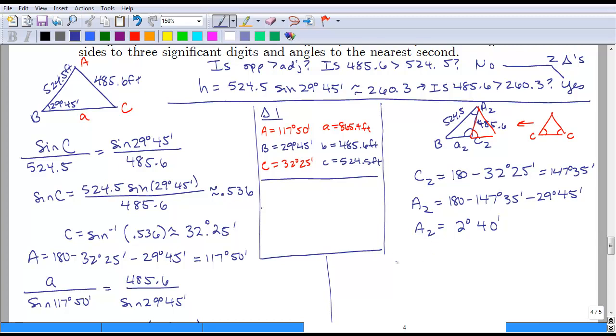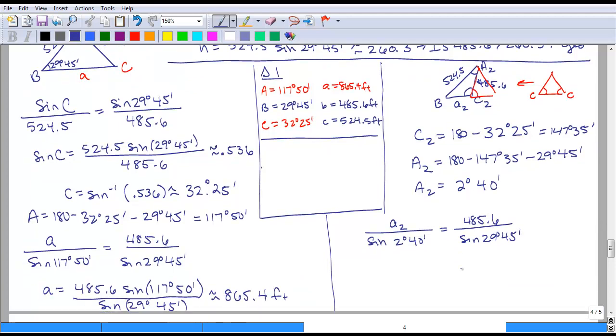And so the last step we need to do is use the law of sines to find side A2. We would have A2 over the sine of the angle we just found, 2 degrees 40 minutes. And again, we go back to the original information. We're comparing this to B. So B was 485.6, and we're dividing by the sine of 29 degrees 45 minutes.